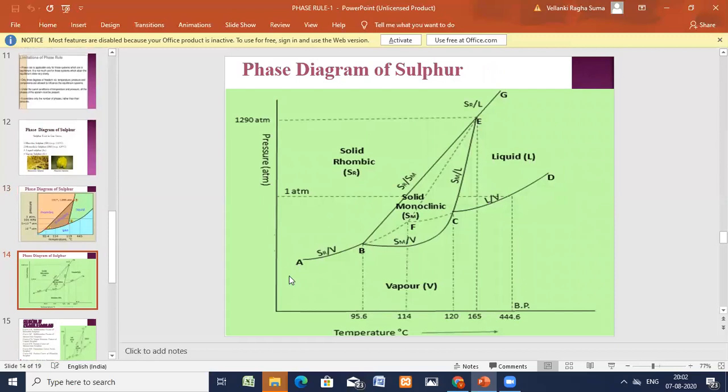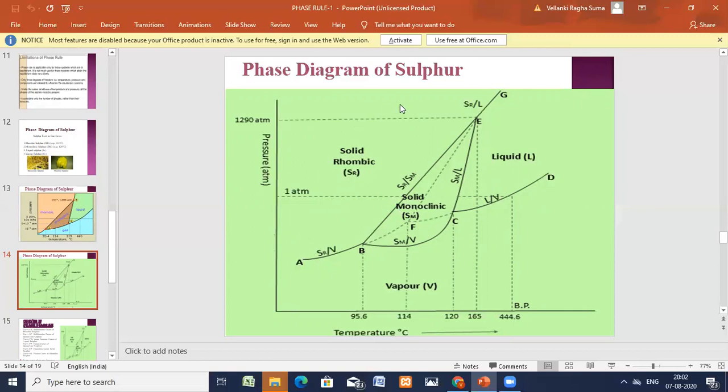So here you can see A, B, E. In this whole area you are having solid rhombic sulfur. And in this BEC area, you are having solid monoclinic sulfur, SM. SM and SR are in equilibrium for the BE curve. First I'm giving you the areas, then I will explain the curves.